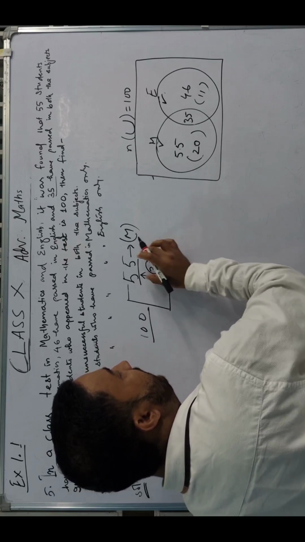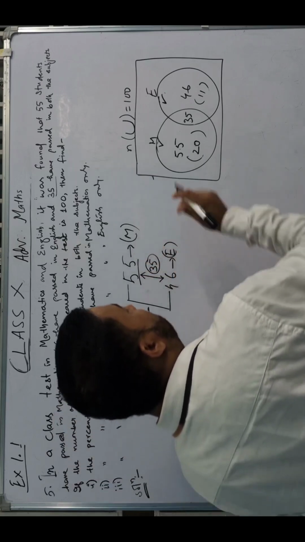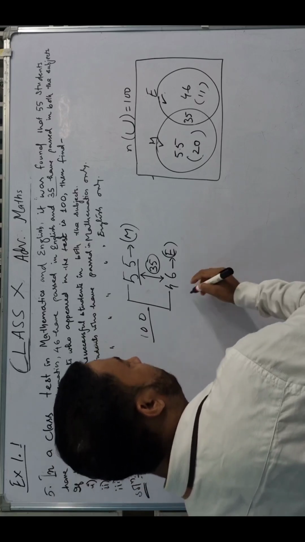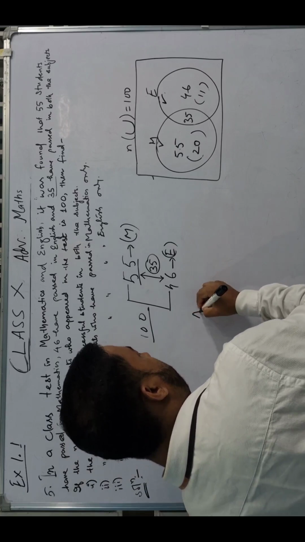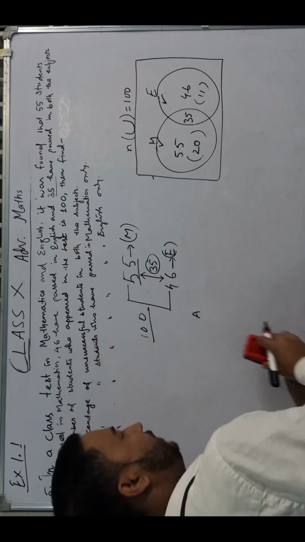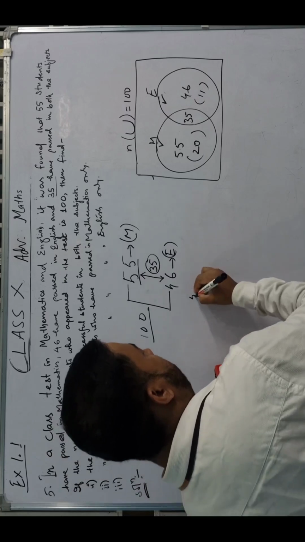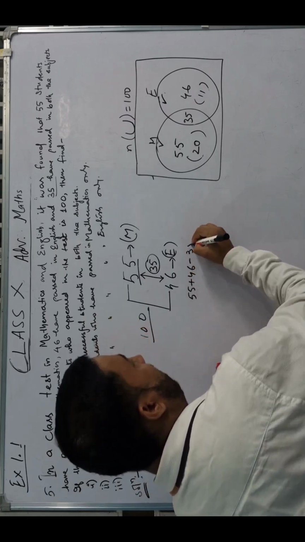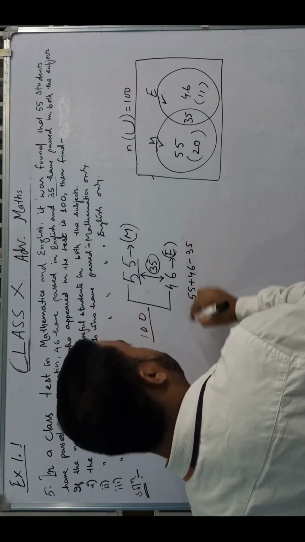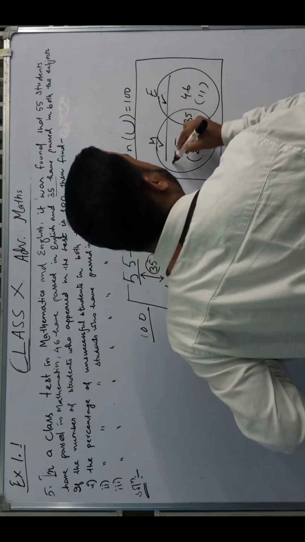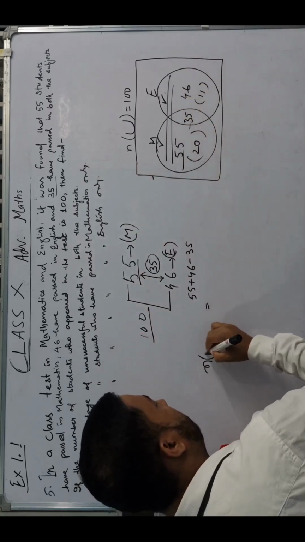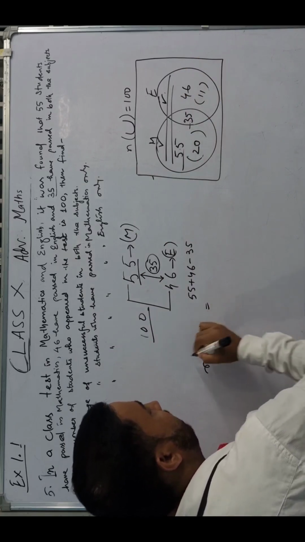That means we want the number of students who have passed at least one of the subjects. At least one subject will be passed by 55 plus 46 minus 35, because it is M union E. What is the number of M union E?